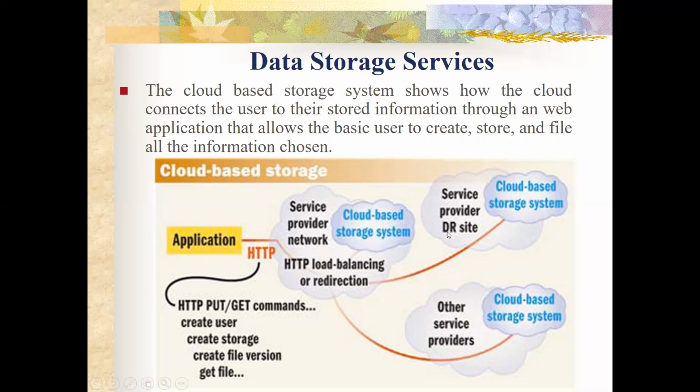DR represent the disaster recovery. So you see, once you lost data someplace, then you can bring the data back. So they have another piece, right, called other service provider. This diagram give a briefly idea how we can send out through network go to the cloud computing system.